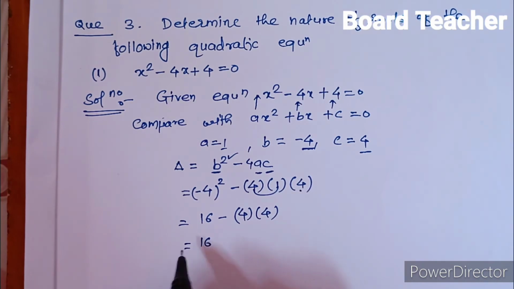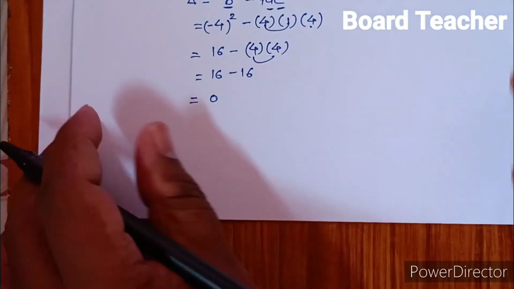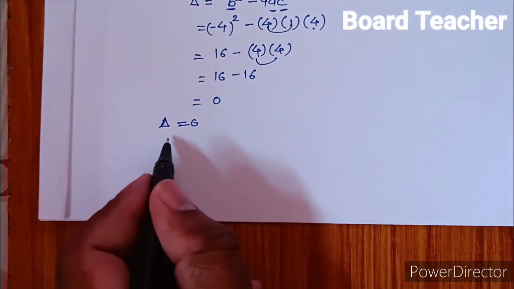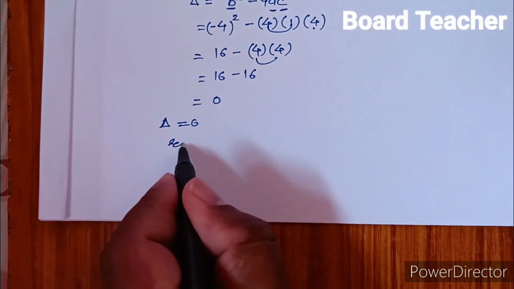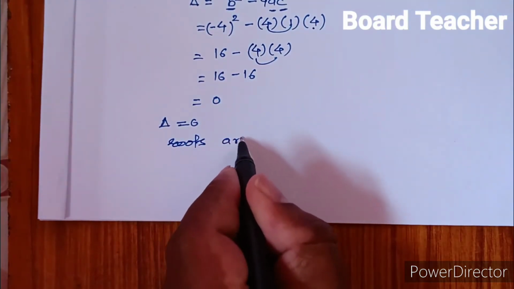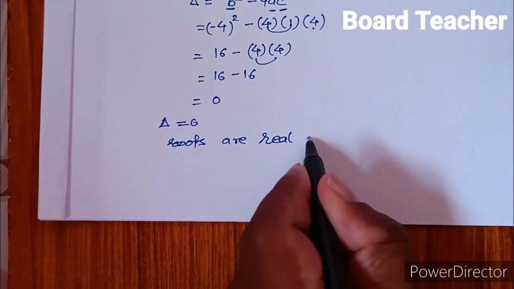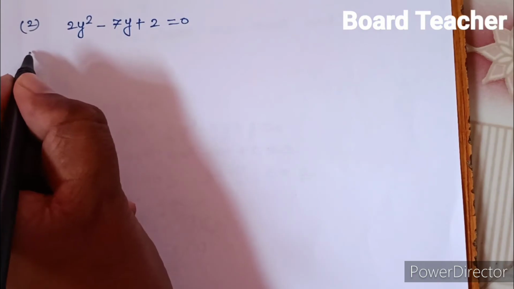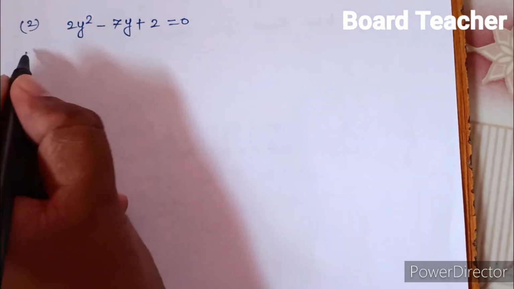Here 16 as it is, minus 4 into 4, that is 16, equals 16 minus 16, that is 0. We get delta equals 0. When the value of delta is 0, the roots are real and equal.